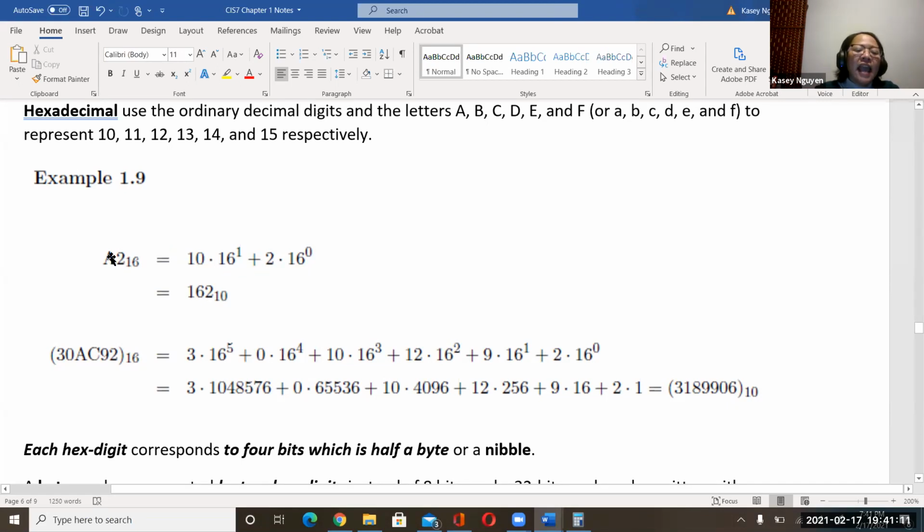The A is 10 in decimal, so you take the 10 and multiply it by 16 to the power of 1. If I have more digits, we just raise the power by 1 each time. If I have another digit, we multiply it by 16 to the 2nd, then 16 to the 3rd for the next one, and so on. When you add this together, you get 162 in decimal.